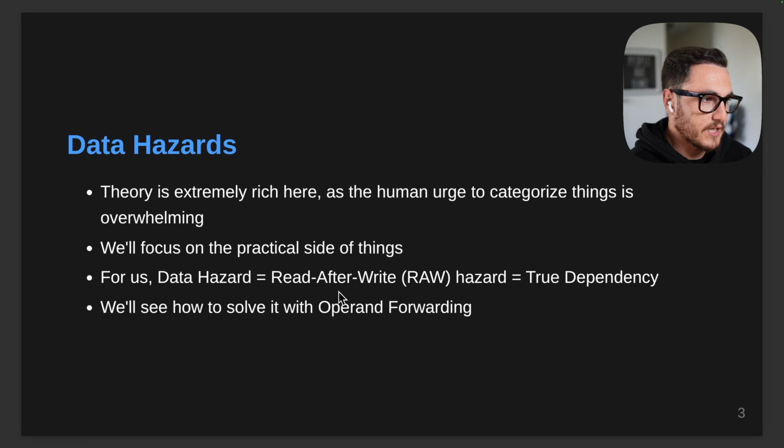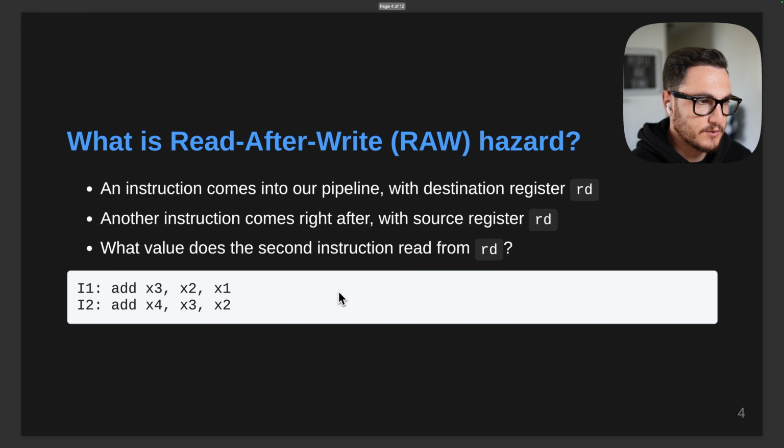There's really one kind of data hazard that we're going to focus on, which is called a true dependency. Whenever we're talking about data hazards, we really mean read after write hazards, and we'll see how to solve it with operand forwarding, at least with this very simple pipeline that we have.